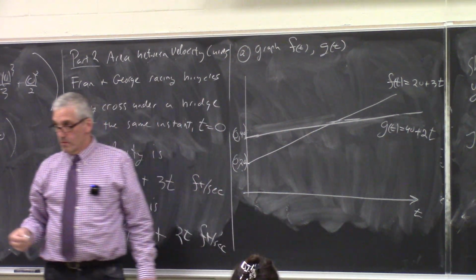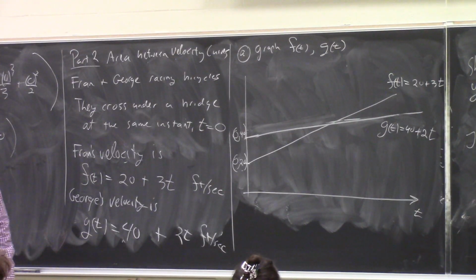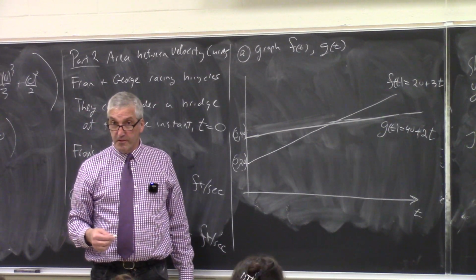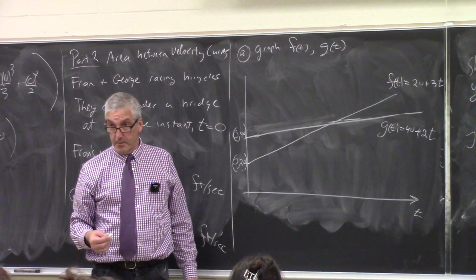So notice, George is initially going faster than Fran, but Fran's speed is increasing faster than George's speed is increasing. They're both speeding up.